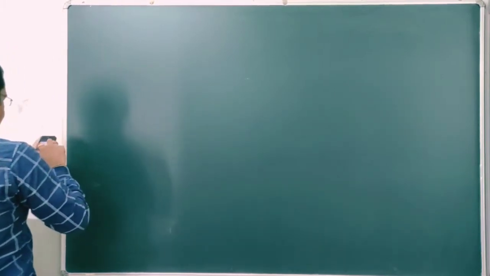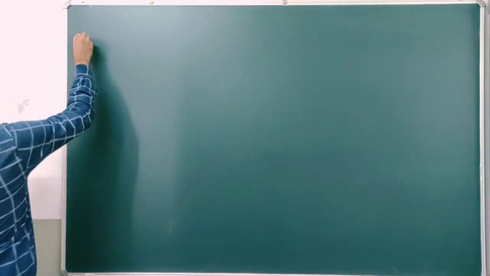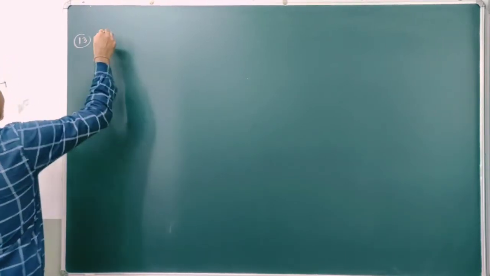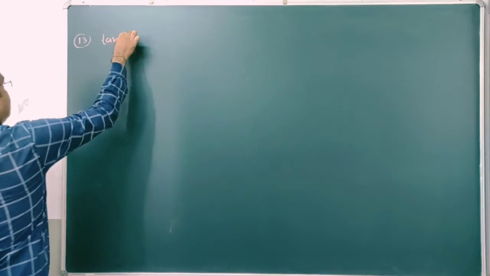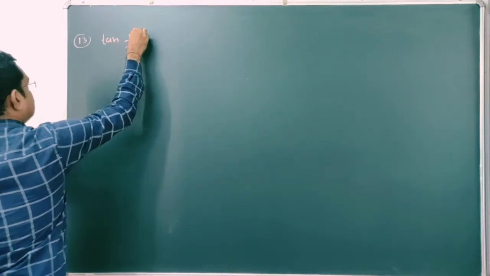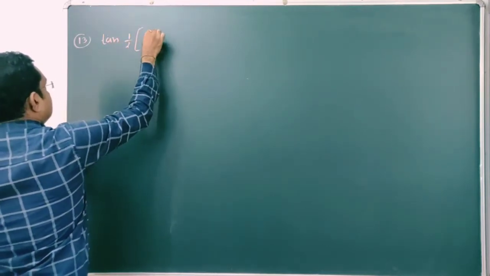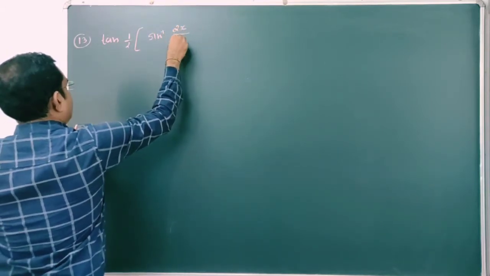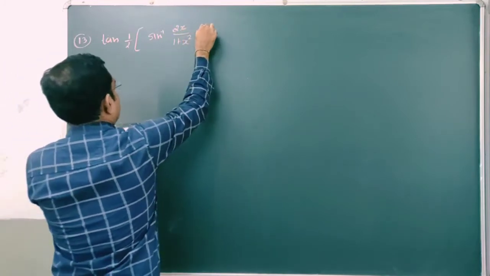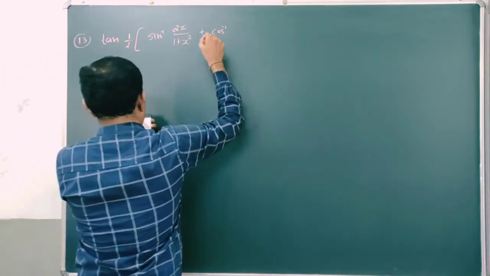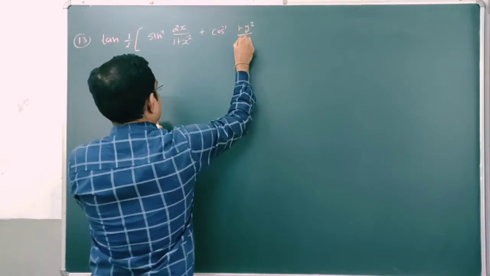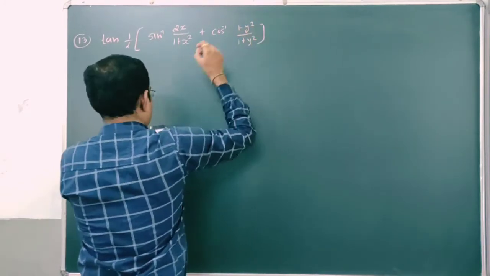Okay, friends. Now question number 13. The question is tan of 1 by 2 of sin inverse 2x upon 1 plus x square plus cos inverse 1 minus y square upon 1 plus y square.